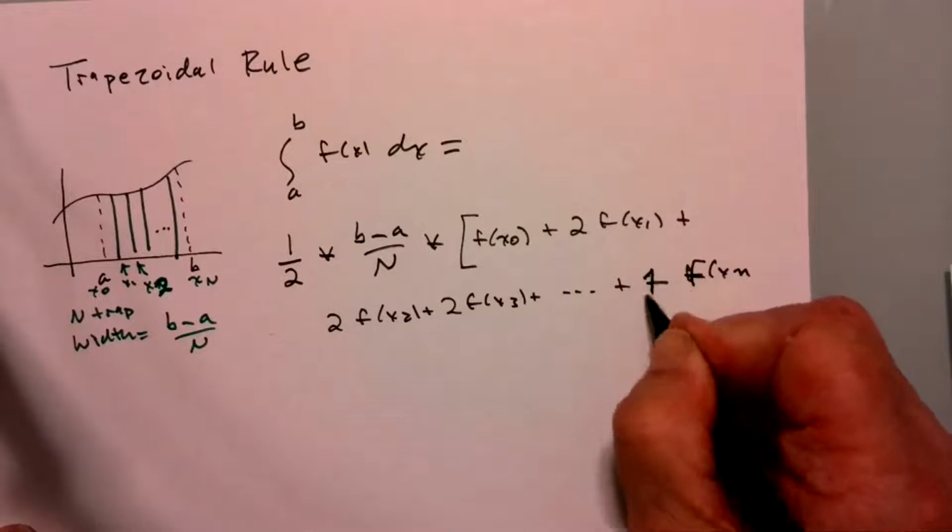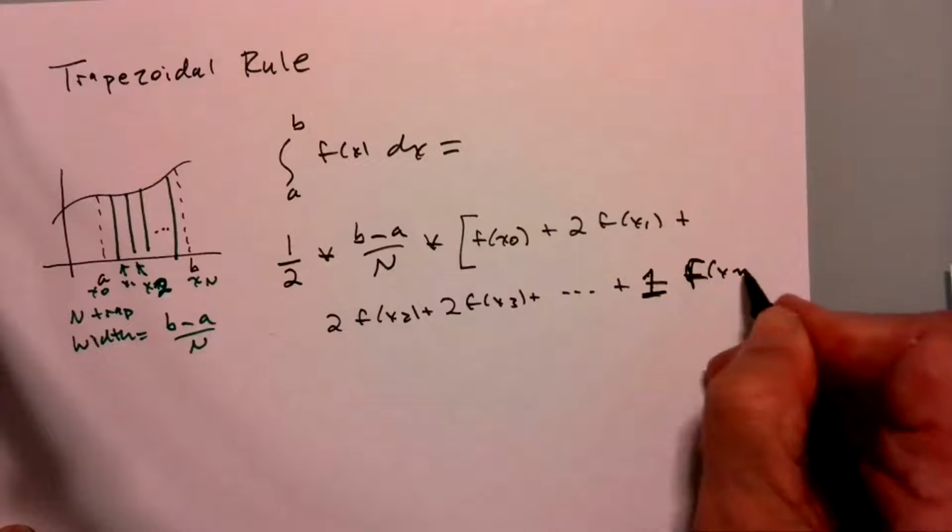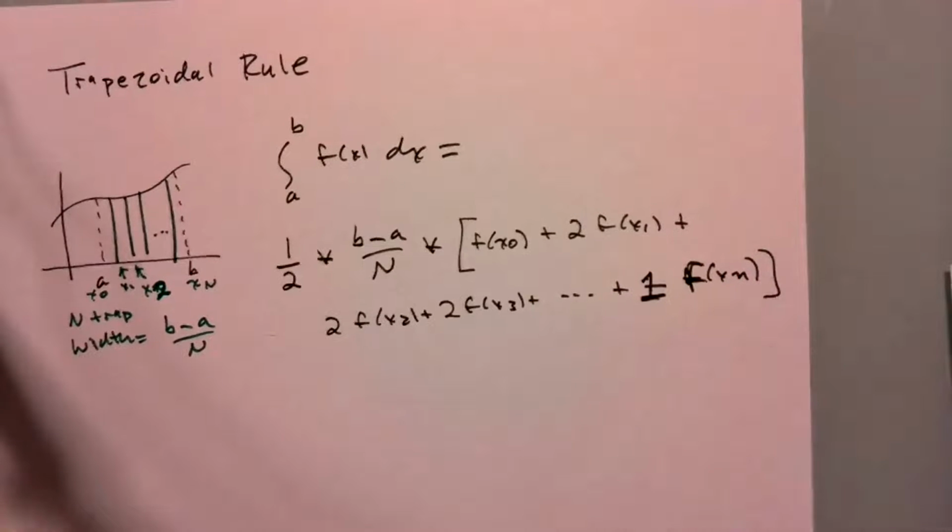Make sure you can read that. That's a 1. That's f of xn, which of course is the same as b. I don't really use this rule that way very much. I like to just draw my trapezoids and get a feel for how they're behaving. To me, that is a better strategy. But there it is formally.